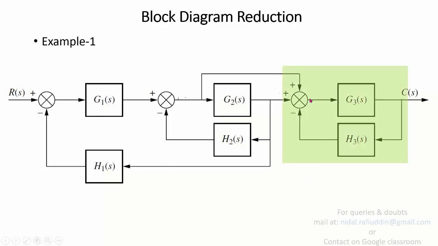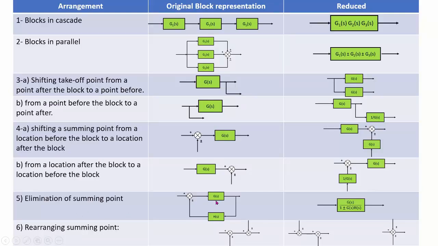If you look at this loop, this is a case where elimination of feedback applies. So elimination of closed loop applies. You have a forward path represented by G3, then the path which is represented by H3 takes its input from the output of G3. So the input to H3 is taken from the output of G3 and then fed back to the comparator. This is nothing but a feedback loop. So we will apply the rule for elimination of the closed loop.